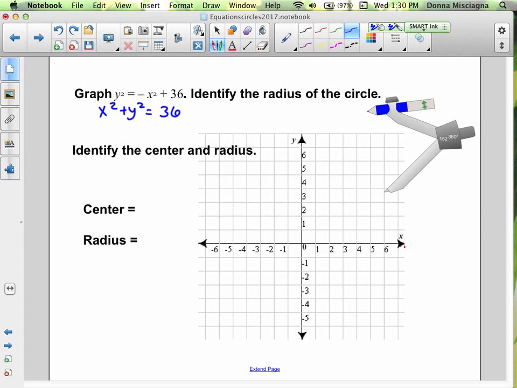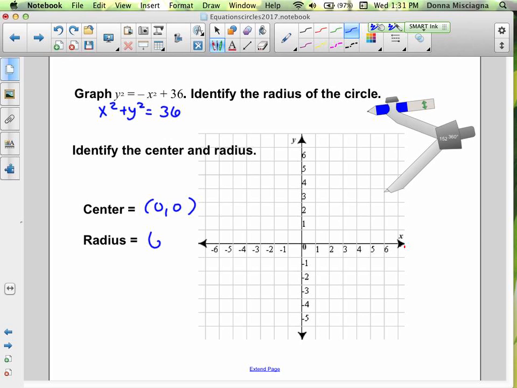He got it right. And how about the radius? These are good ones. Anybody at the green table? What's the radius of our circle?